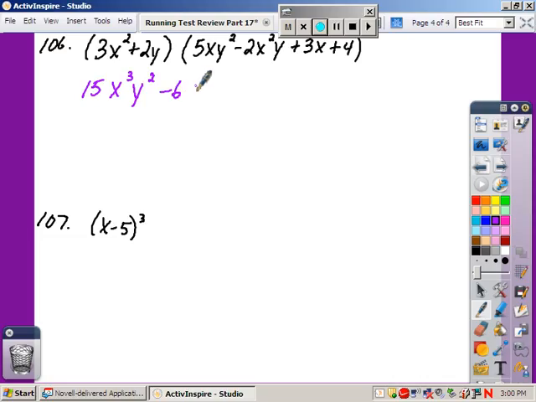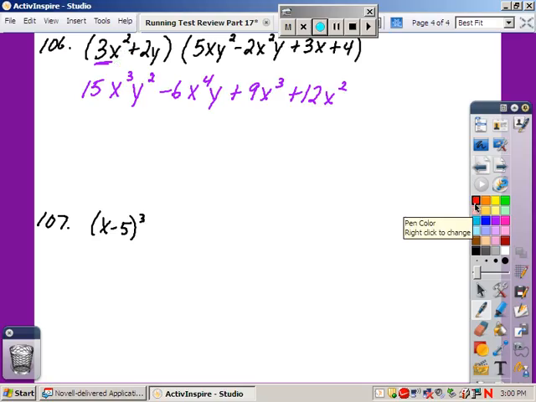I've got x to the 4th. And again, no y to multiply by, so I've just got a y left over. Here I got 9x to the 3rd. And finally, 12x squared. That was multiplying this times everything.